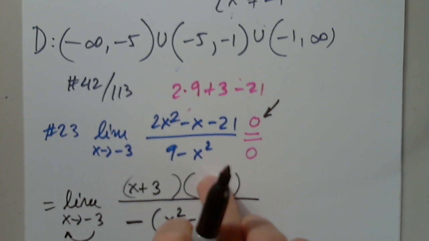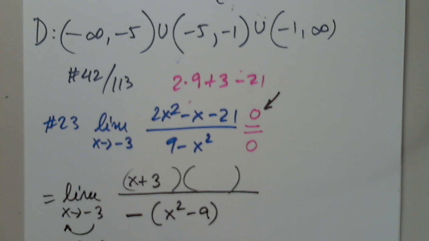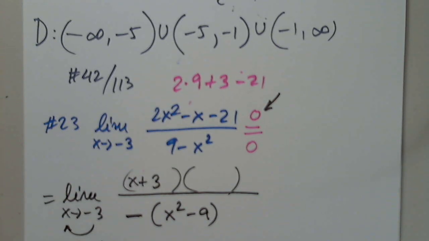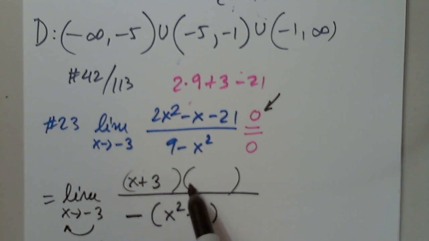Now we have to figure out the second factor. Can anyone give us the second factor, so that we get this multiplied by x plus 3? This times this is this. It has to be a 2x. And what else?